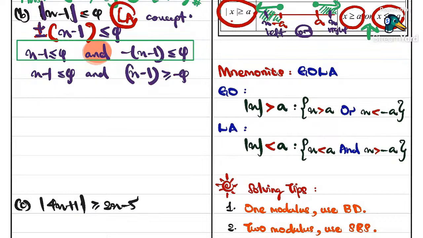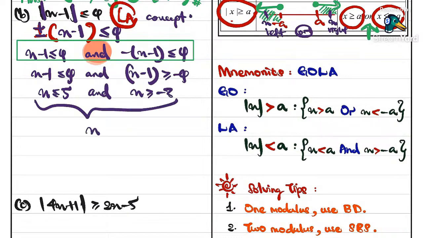X is equals to now 5. And X is more than -3. And you can see that all of this can be written in X is less than 5, but more than -3.